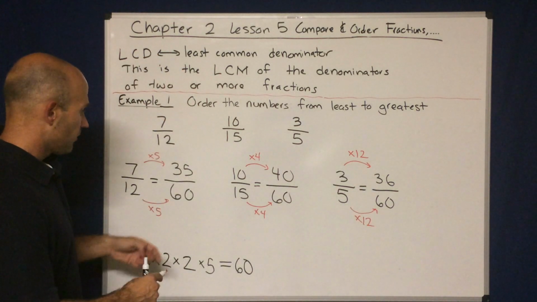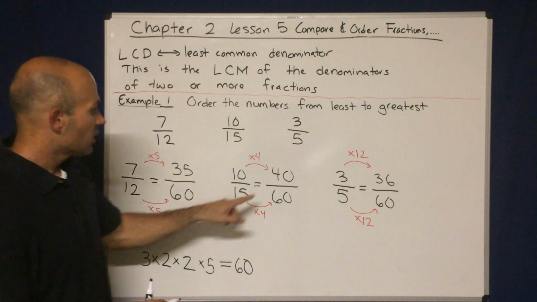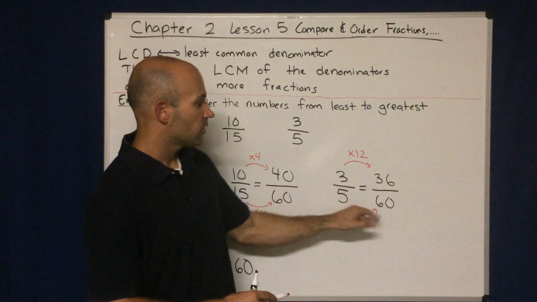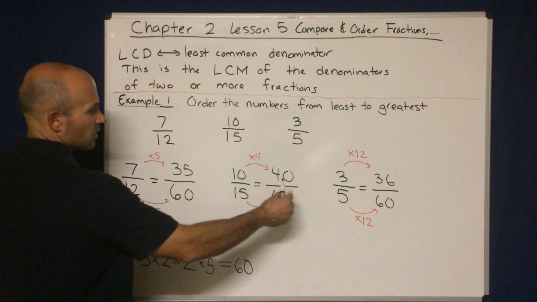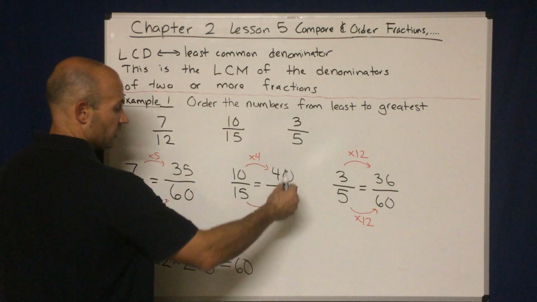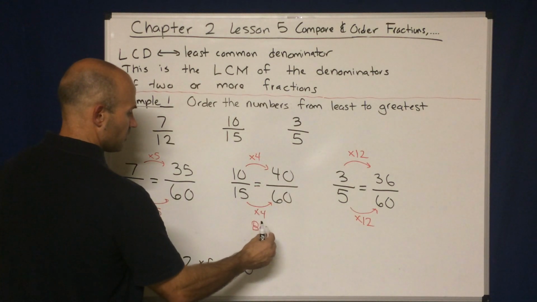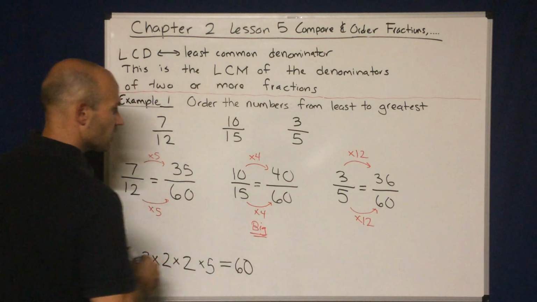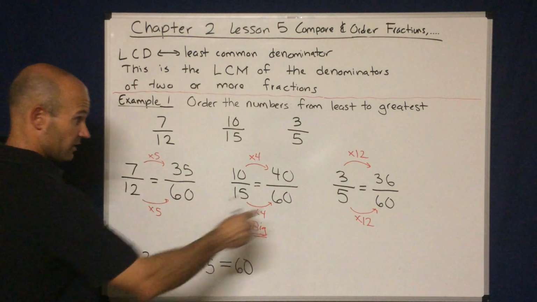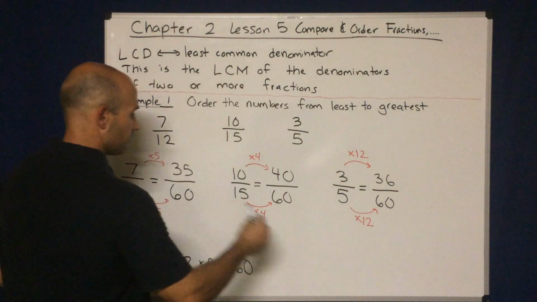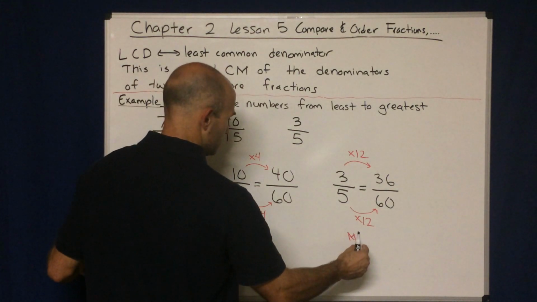So let's go ahead and look. We have a 35 over 60, a 40 over 60, and a 36 over 60. The 40 is the biggest numerator, so I'll put this as the biggest. And then 36 is bigger than 35, so I'll call that the middle.